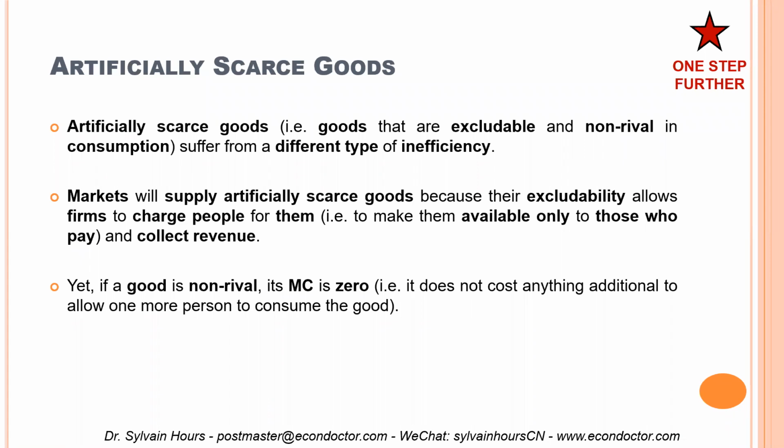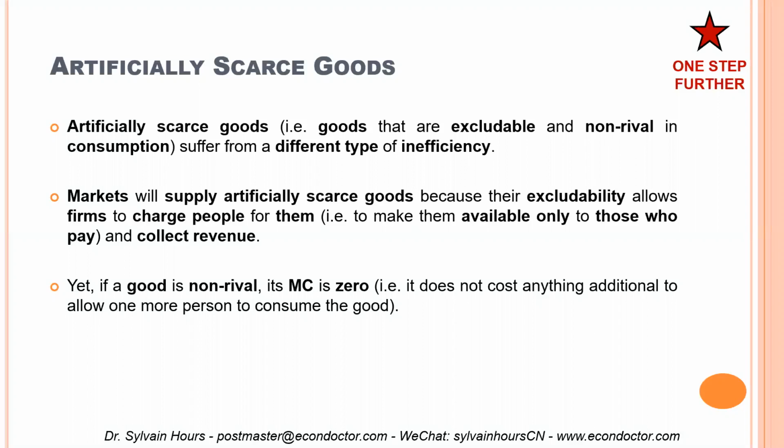Since it must be equal to the marginal cost. So you must produce the quantity and sell the quantity at which the marginal benefit is 0. But if you want people to purchase your product until the marginal benefit is 0, then the price at which you sell it must also be 0.